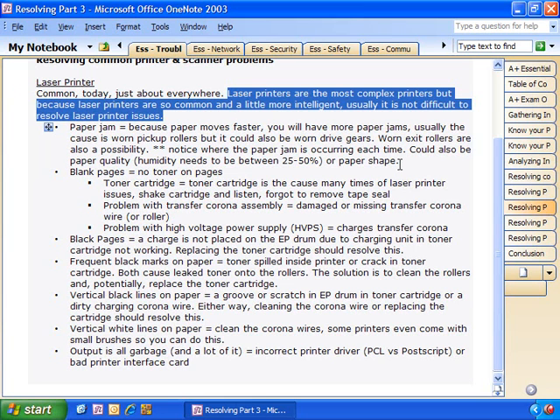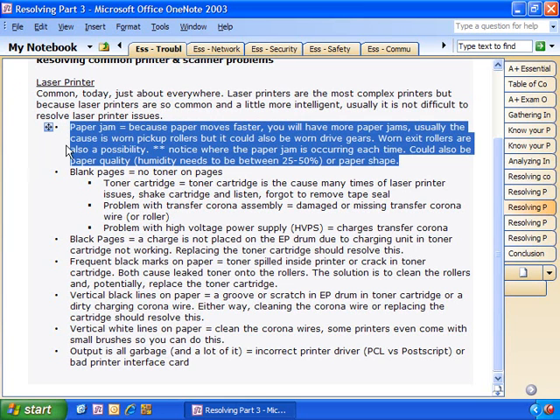So the first laser printer issue listed here is the paper jam. Now, paper moves fast through a laser printer, and the faster it moves, the more paper jams you're going to have. Usually the cause of a paper jam is worn pickup rollers, or it also could be worn drive gears. Now, worn exit rollers could also be a possibility. But again, know your paper path. Where is the paper jamming?